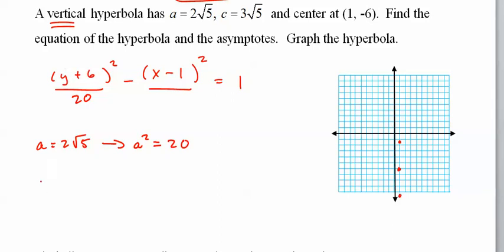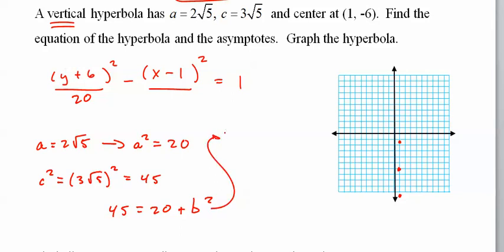And we know c squared equals 3 squared times 5, 45. So 45 equals 20 plus b squared. B squared equals 25. B equals 5.